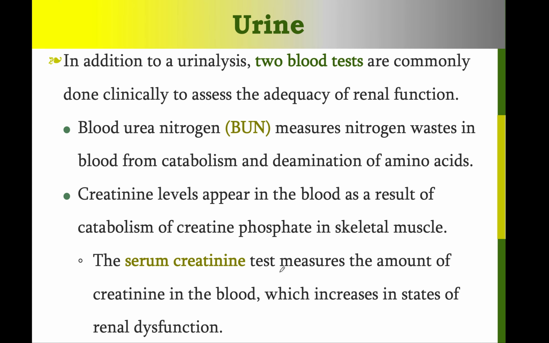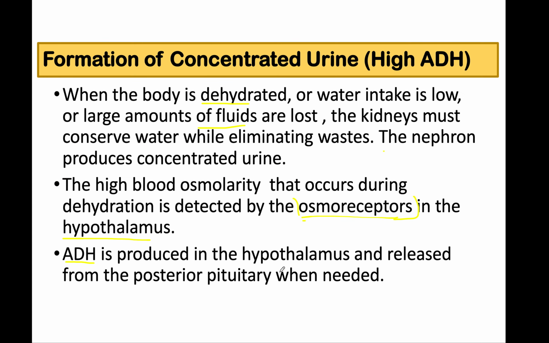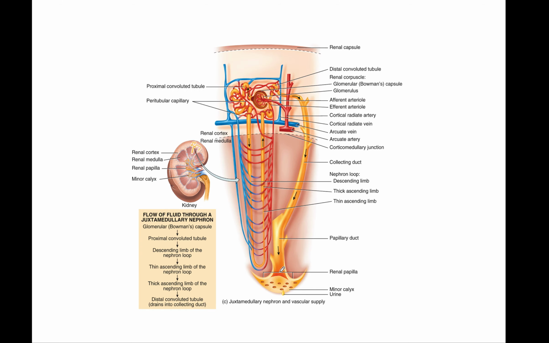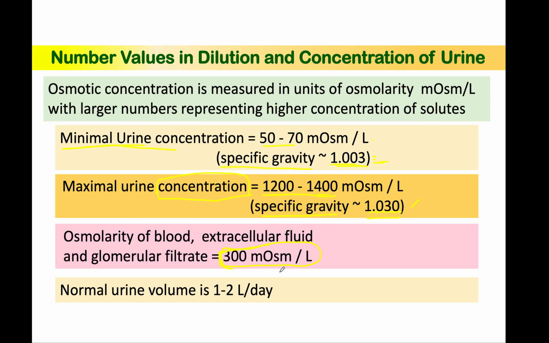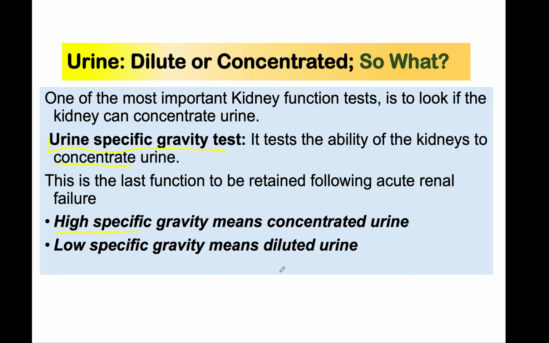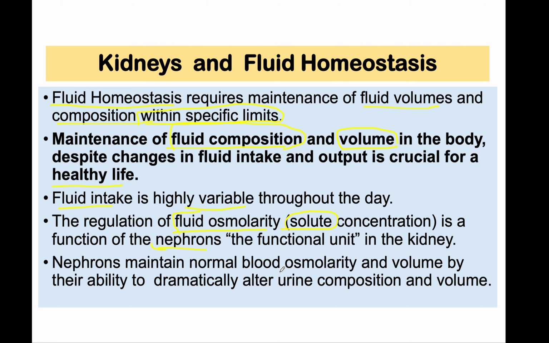Okay, so the bottom line here, with the formation of dilute and concentrated urine: so what? Why do we care about it? Because the kidneys, along with antidiuretic hormone, maintain the fluid volume and composition by producing more urine or less urine.